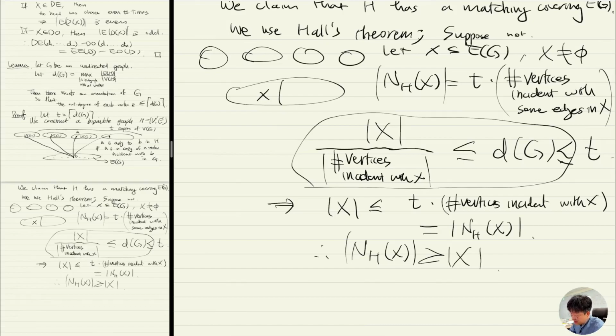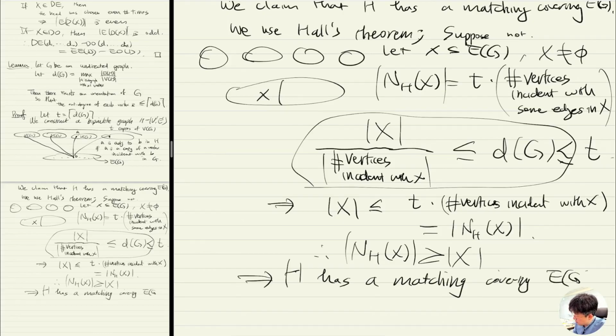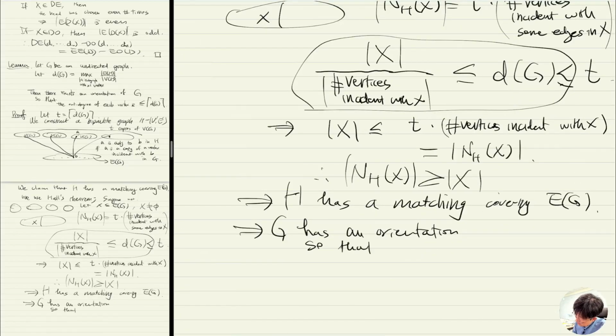By Hall's theorem you have a matching covering E of G. This implies that G has an orientation so that each vertex is a tail of at most t edges. And that's it.